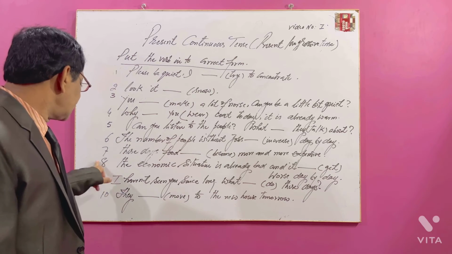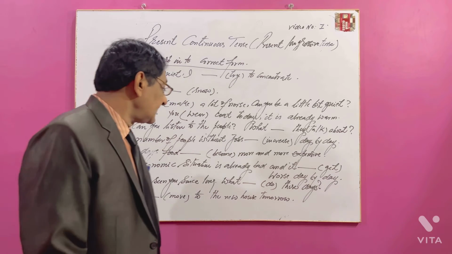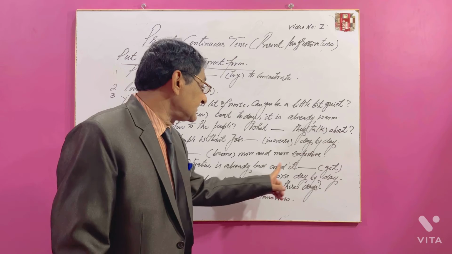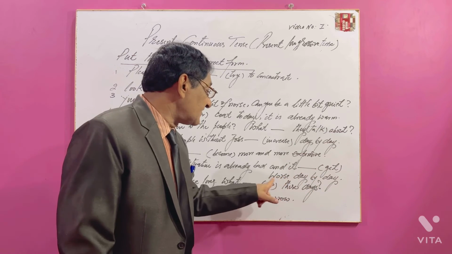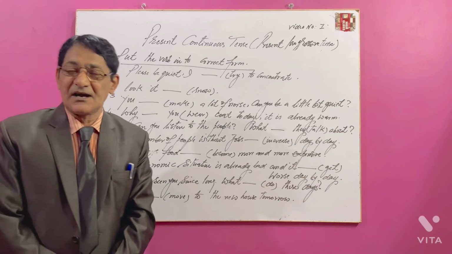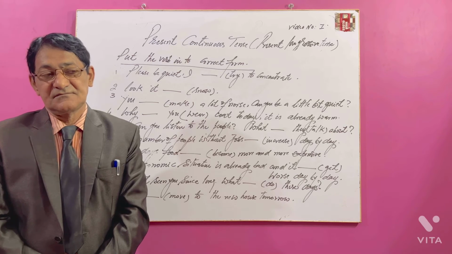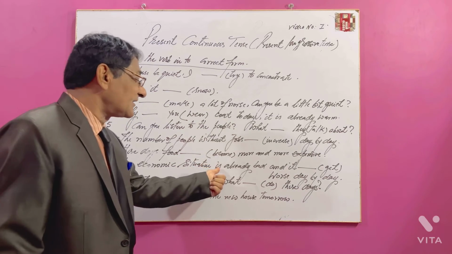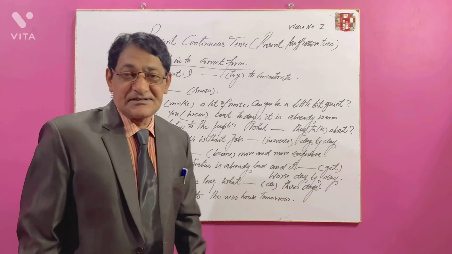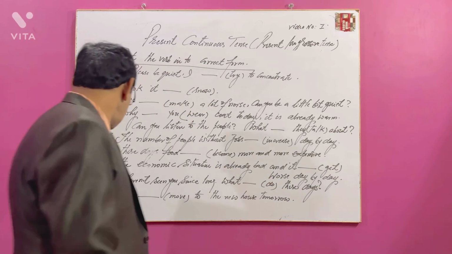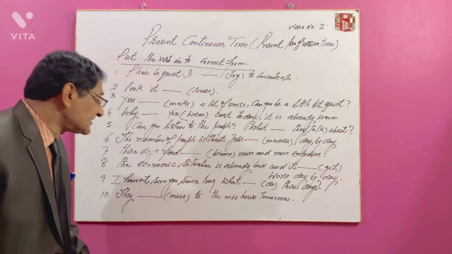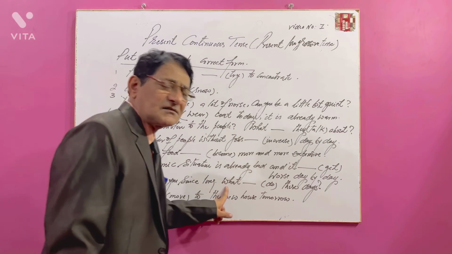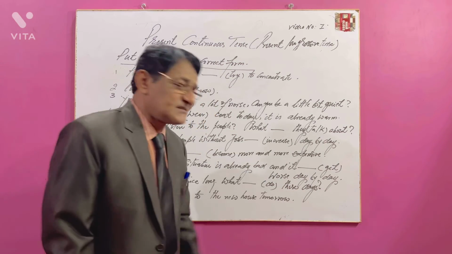Number 8, the economic situation is already bad and it dash get worse day by day. Again, changing situation. Trends. The economic situation is already bad and it is getting worse day by day. Number 9, I haven't seen you for a long time.